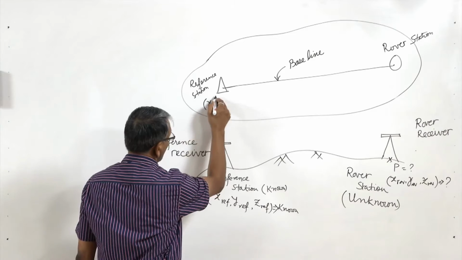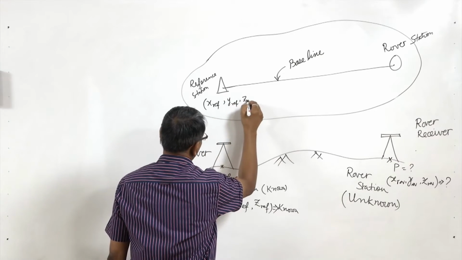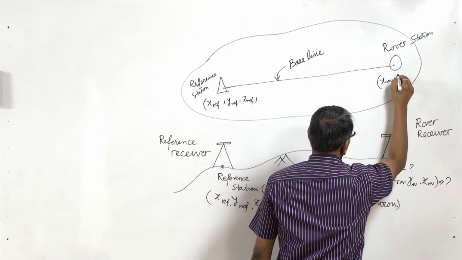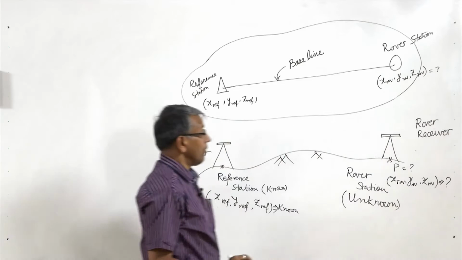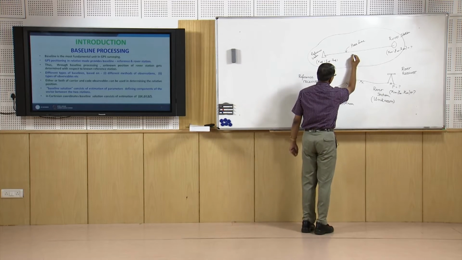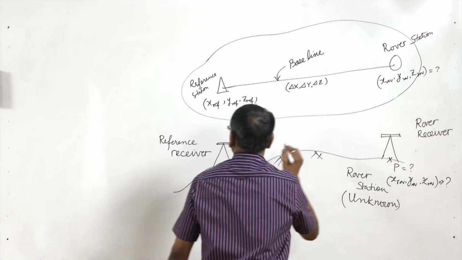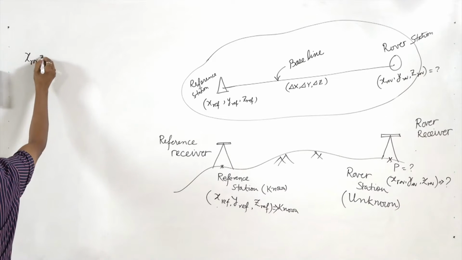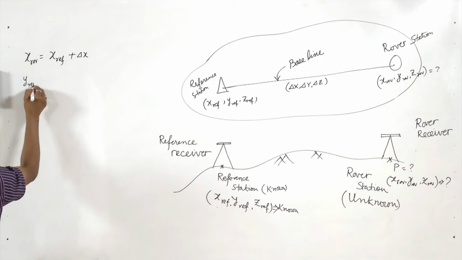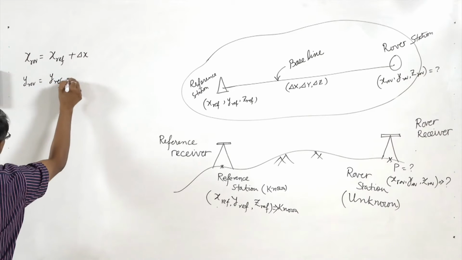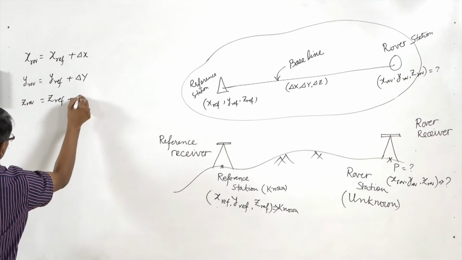If the location is X reference, Y reference, Z reference, then we want to find out X, Y, Z. Now, if the difference is given by del x, del y, del z, then X rover will be X reference plus del x, Y rover equals Y reference plus del y, and Z rover equals Z reference plus del z.